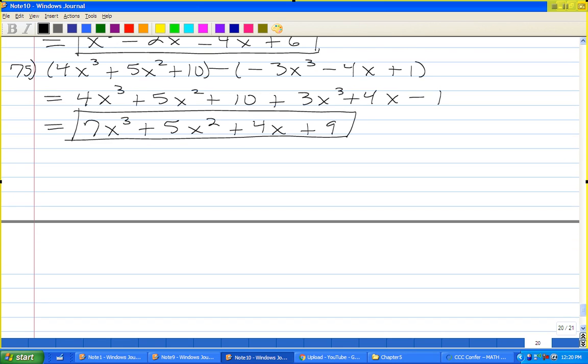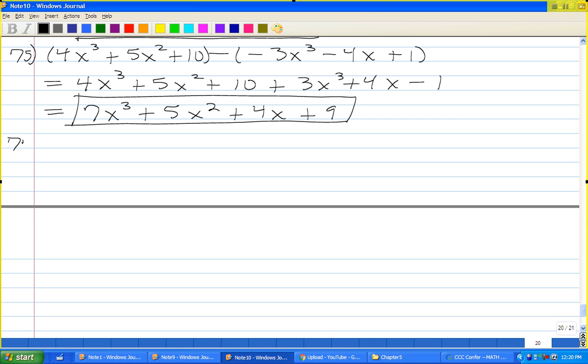77. In exercises 76 through 90, perform the indicated subtraction. Negative 9t to the fourth plus 7t squared minus 1 minus negative 9t to the fourth plus 8t squared plus 10.